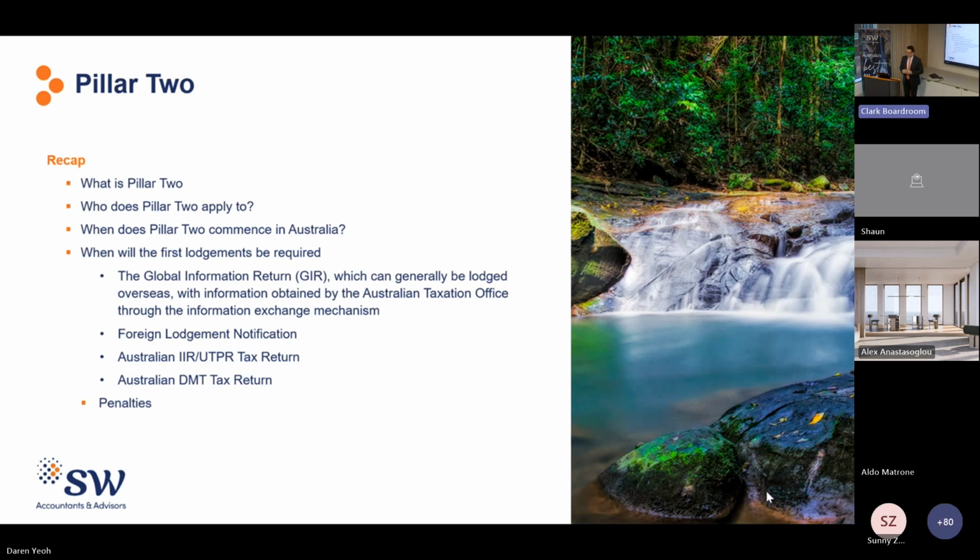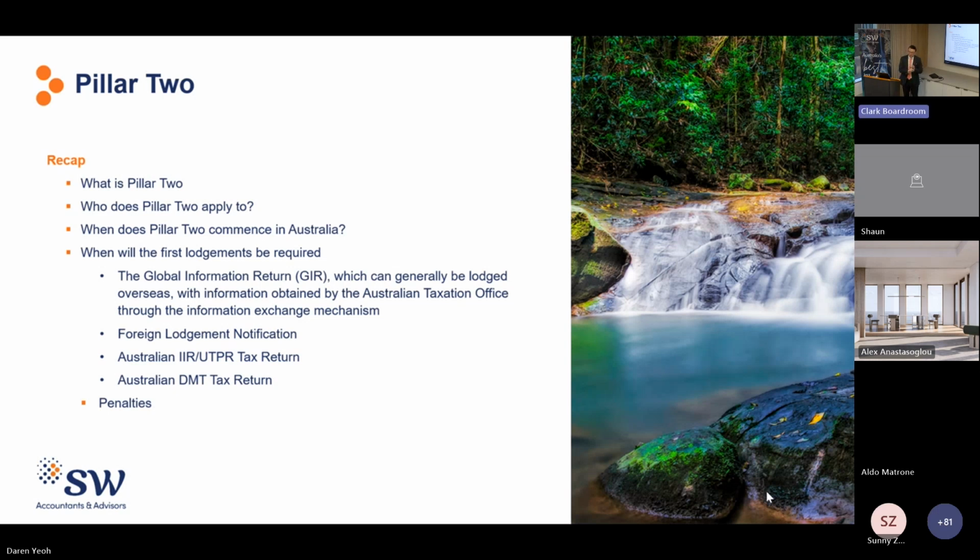When does Pillar 2 commence in Australia? So the rules broadly commence from 1 January 2024. But it's important for you to understand three charging mechanisms. Charging mechanisms are the provisions which allocate and charge top-up tax, so they determine which countries pay the top-up tax.